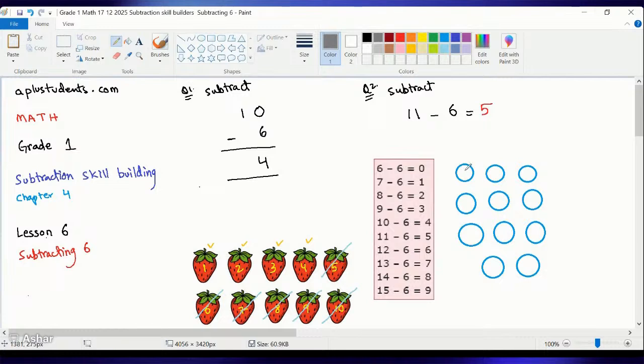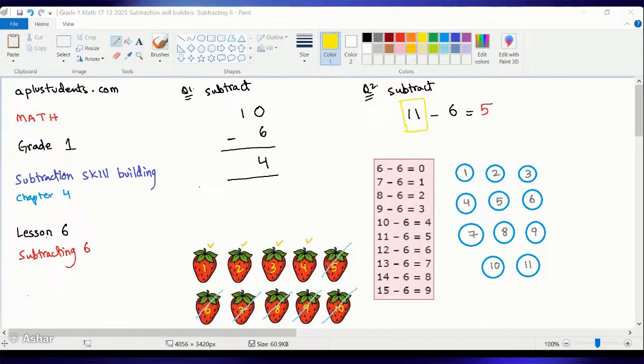We start writing numbers 1 through 11, because the larger number is 11 over here, right? We have to subtract from 11.